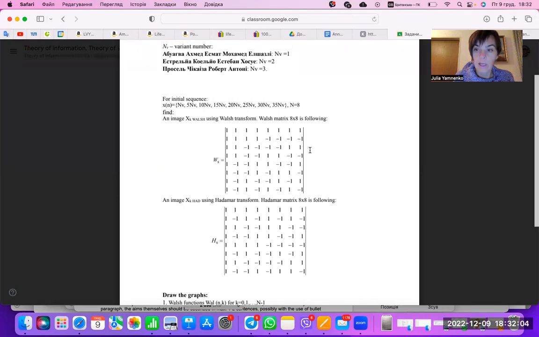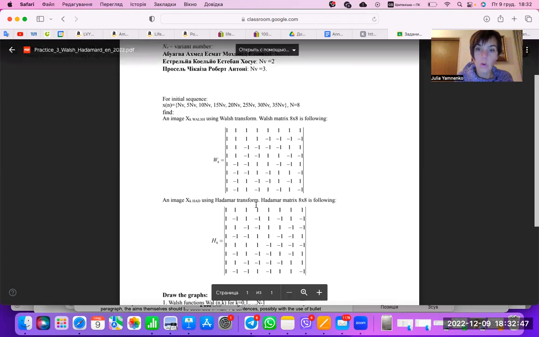If we have a look at the matrix, it is a representation of the set of basis functions. And the main feature of the Walsh basis functions, as well as Hadamard basis functions, is this: consider any of these functions except the first one, because the first row consists only of ones, always, in the Hadamard matrix and in the Walsh matrix, so we don't consider it.